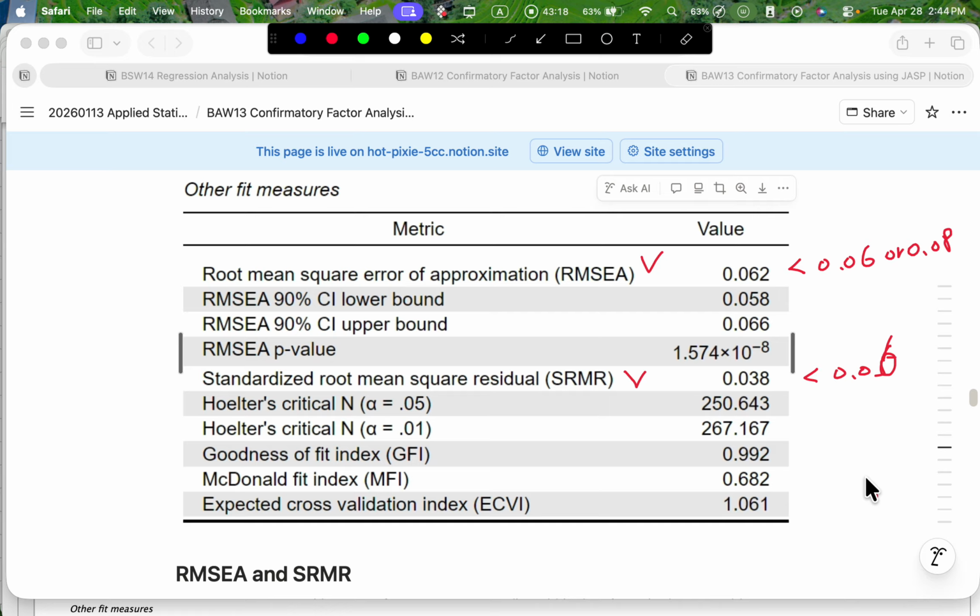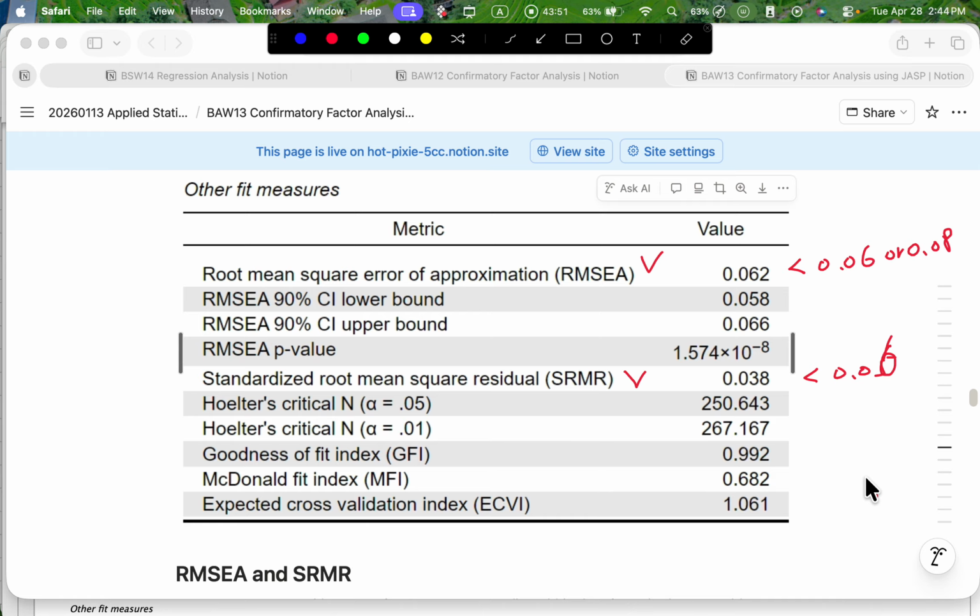Based on our previous introduction, which index can we report? Is it RMSEA, SRMR?